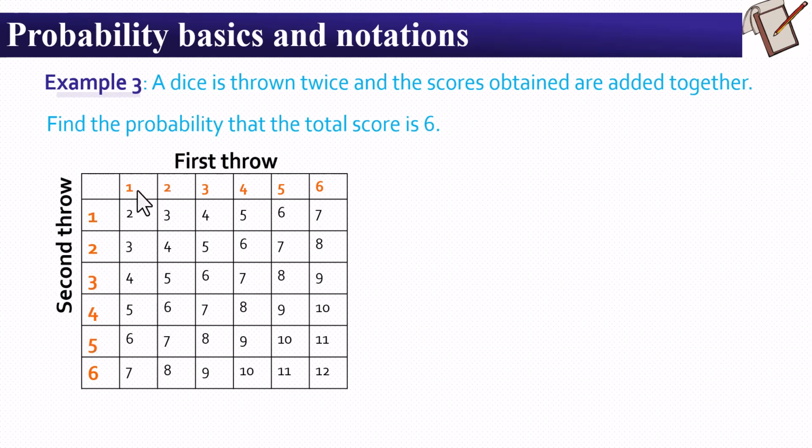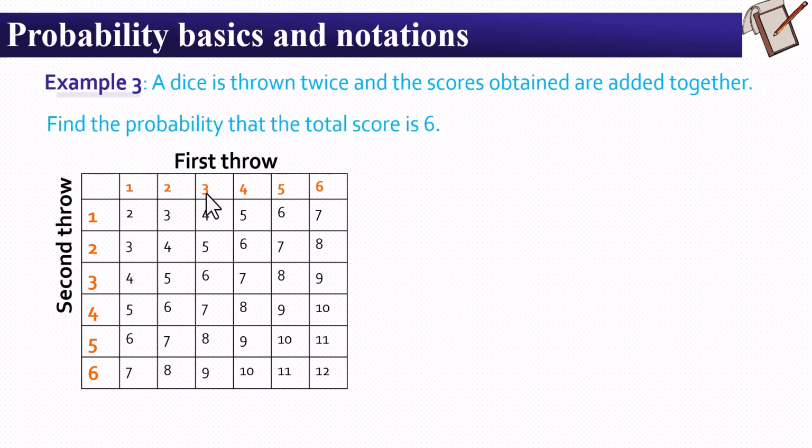For the first dice, we have it numbered from 1 up to 6, and the second one also numbered from 1 up to 6. When we throw once, we expect to get a 1 and a 1, which gives us a total of 2. And for the first dice, you may get a 2, and the second dice, you may get a 1, which gives you a total of 3.